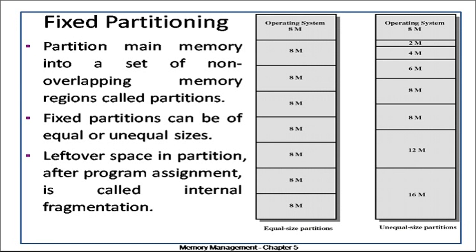In the fixed partitioning scheme, the operating system keeps a table indicating which parts of the memory are available and which are occupied. Initially, all the memory is available for user processes and is considered one large block of available memory, a hole. When a process arrives and needs memory, the system searches for a hole large enough for this process.